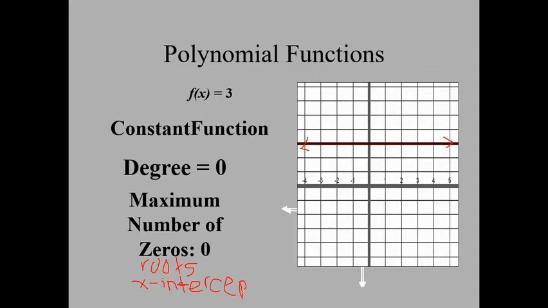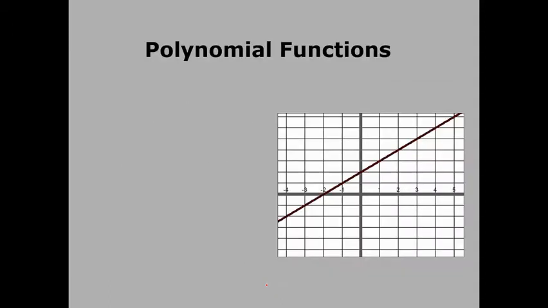So remember from the last time, we learned that zeros, roots, x-intercepts all are the same thing. And notice there are none for a constant function.